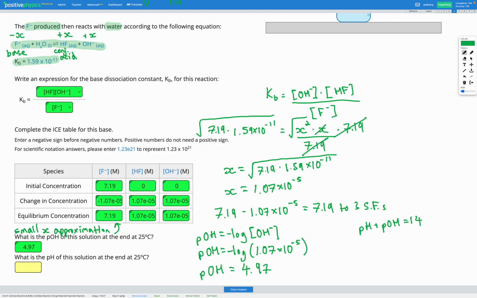We're trying to find pH, so I'm going to subtract pOH from both sides so that gets cancelled out on the left, leaving us with pH is equal to 14 minus pOH. So let's put in our numbers. pH is equal to 14 minus, we just calculated pOH is 4.97. So if I put that into my calculator, that gets me a pH of 9.03. So let's go ahead and fill that in over here.